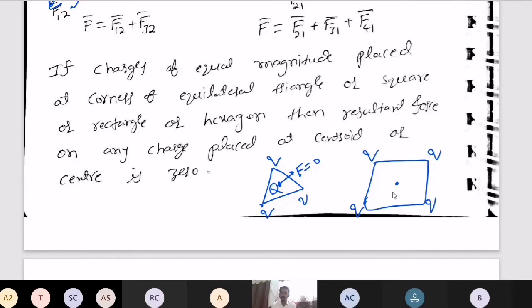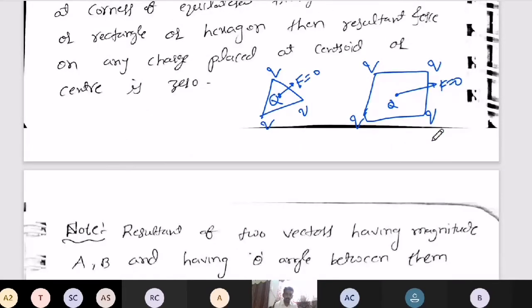Similarly, at the center of the square, if you place any charge, force on that also becomes 0. In case of the triangle, three equal vectors act at an angle of 120, 120, 120. Then the resultant will become how much? 0. The resultant of three vectors acting at 120, 120, 120 always becomes 0.